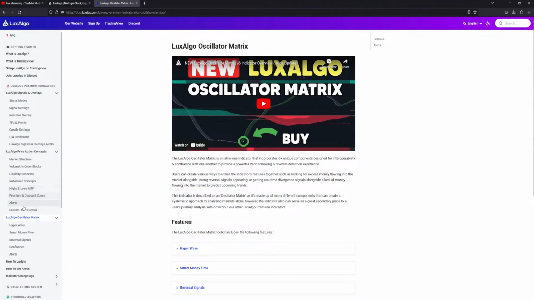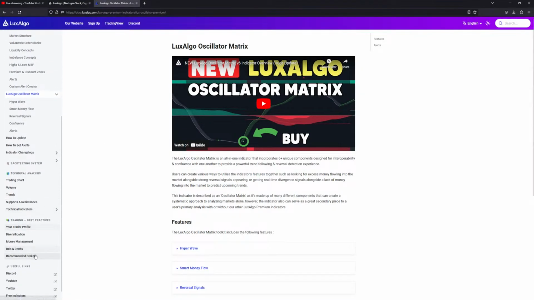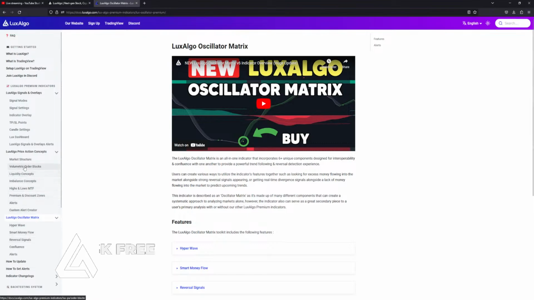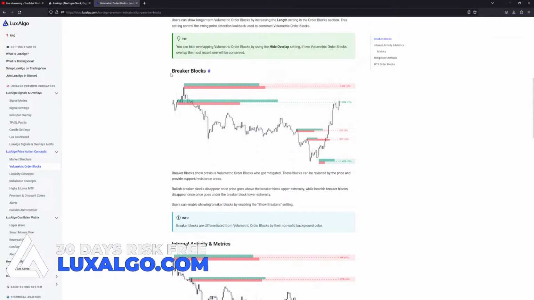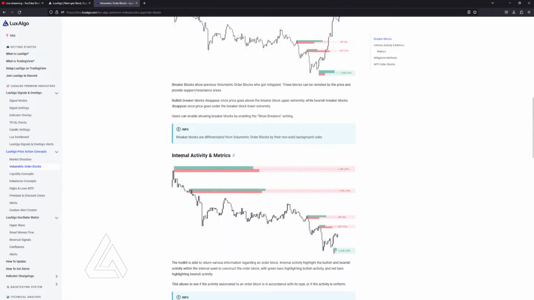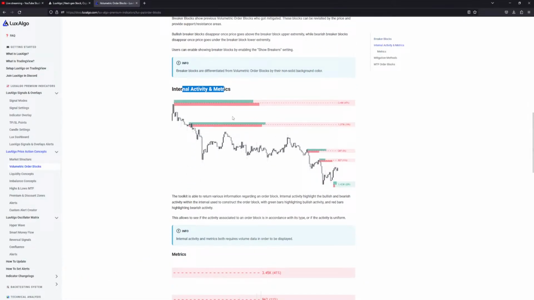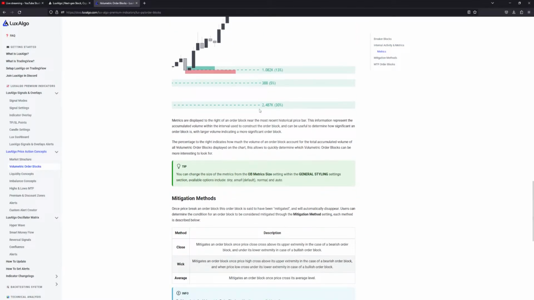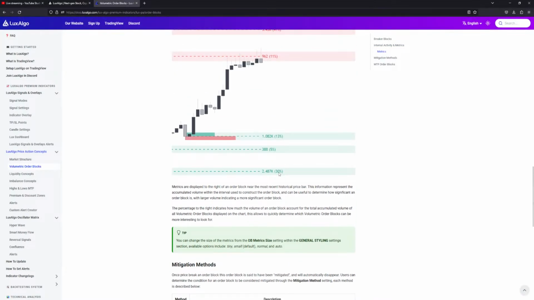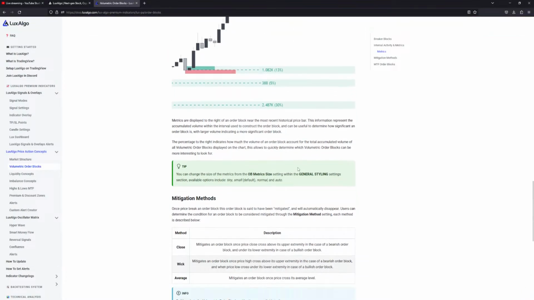Go check it out. And yeah, you can really look at, let's say you're into the volumetric order blocks. Here we break down exactly how to use each feature. Like we have breaker blocks as well. We have internal activity and metrics, and it can tell you how to use each part of these different volume percentages on the order blocks as well.